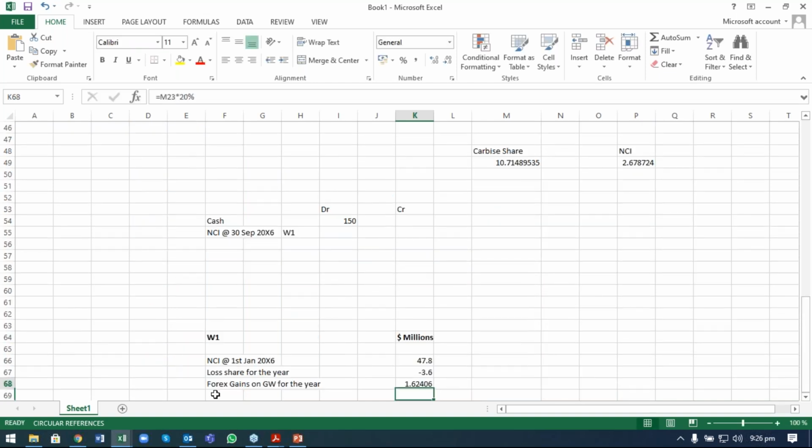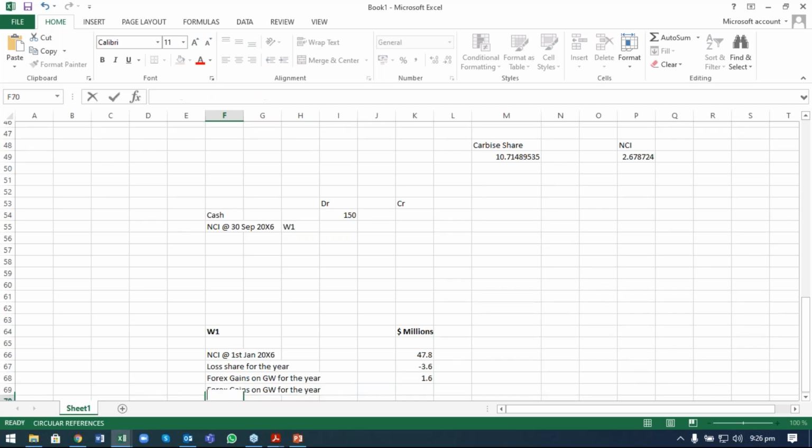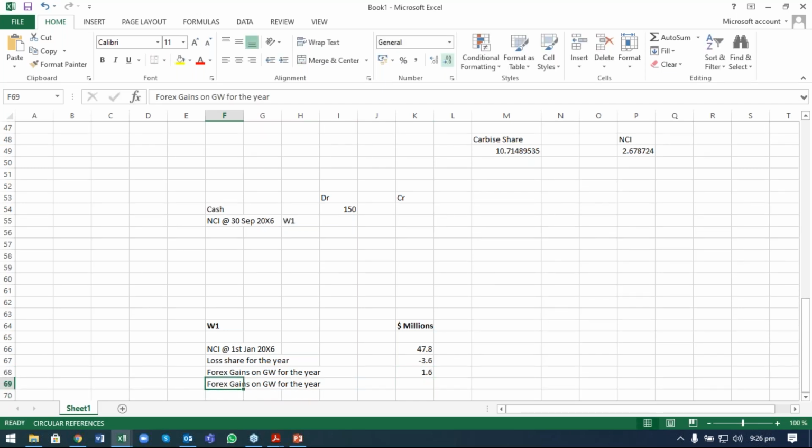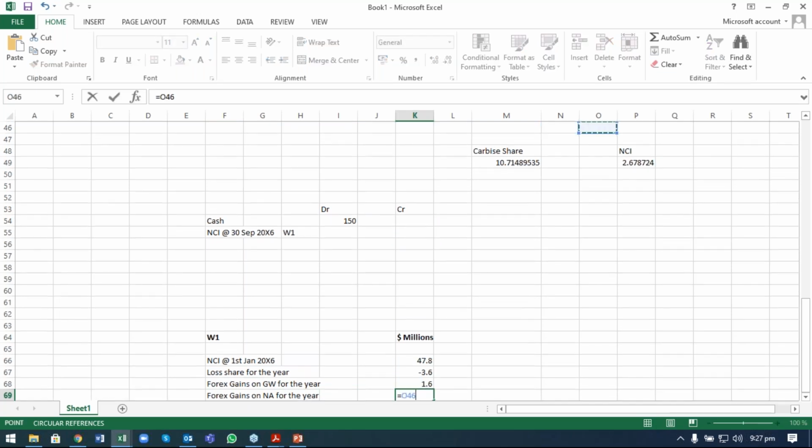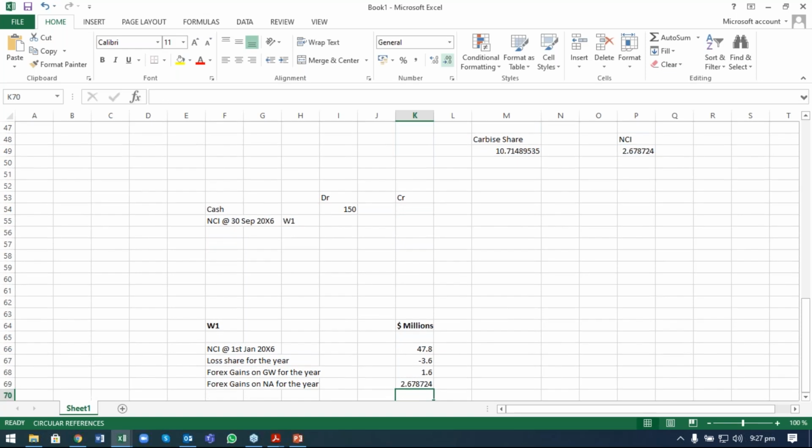So I'm going to assign these foreign exchange gains and losses arising on goodwill in this section. Along with this, you have to calculate forex gains and losses on net assets for the year, right? That's something we have already calculated, and I've shown you that if there is a foreign subsidiary, this is an additional working that you need to perform, and we have already calculated this NCI share along with the working.